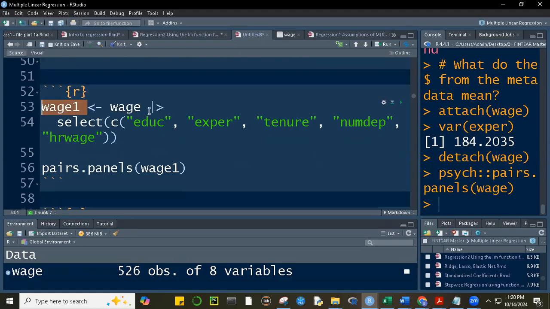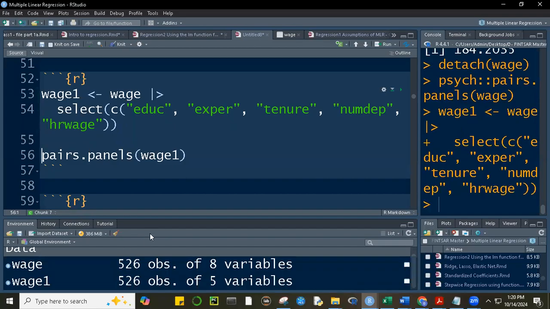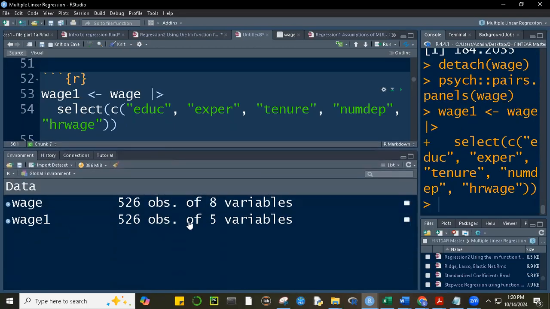And then coming from wage, we selected the numerical variables: education, experience, tenure, number of dependents, hourly wage, okay? So I create this. So may wage1 ako dito class sa ilalim. 5 variables lang siya. Tinanggal yung mga categorical variables.